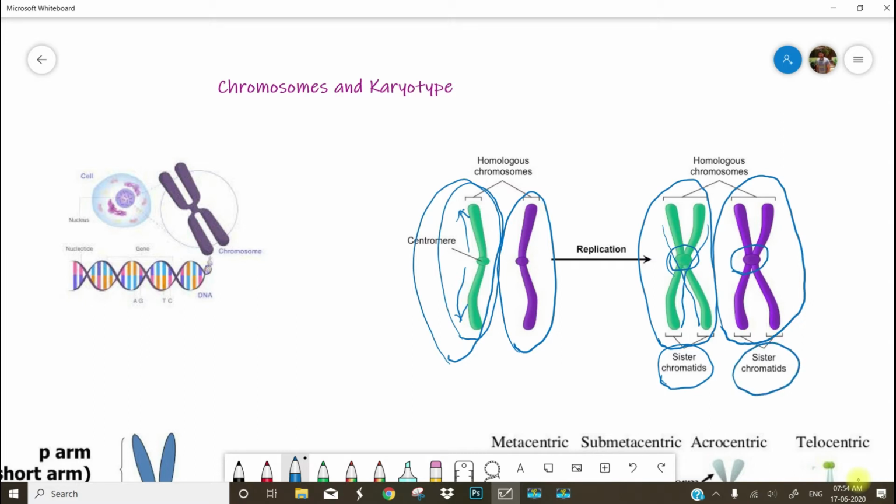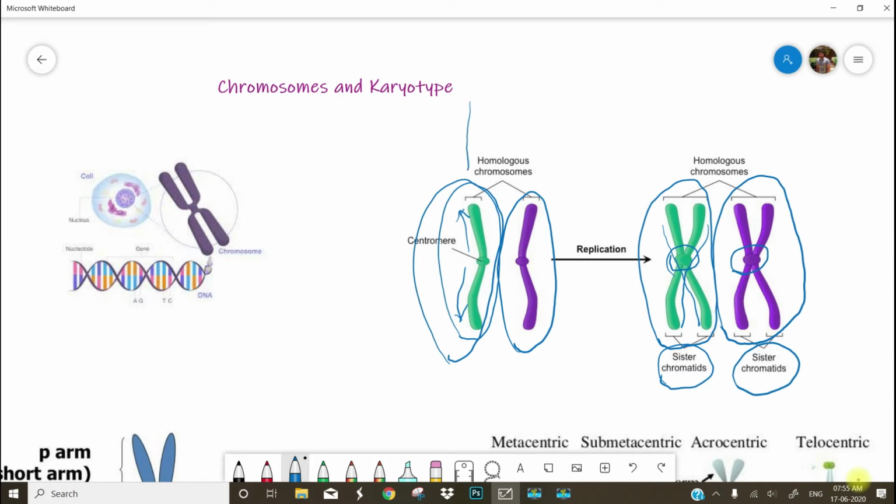We human beings are organisms with diploid cells. That means, with the exception of sex cells or gametes, our somatic cells contain two copies of each chromosome. One we inherited from our father.